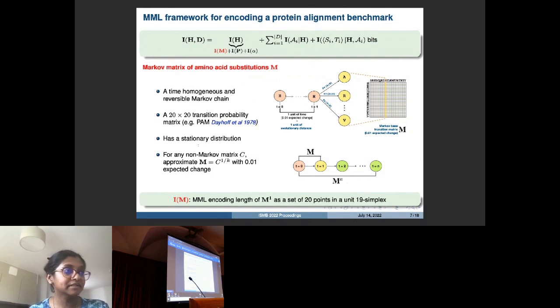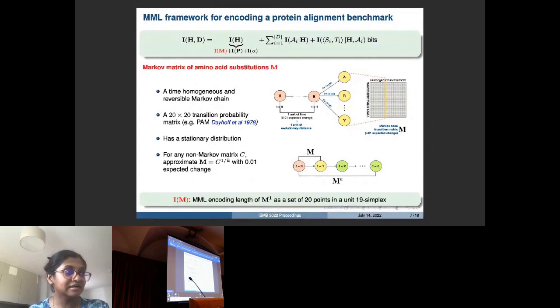Another property of this Markov matrix is that there's a stationary distribution. When n goes to infinity, M reaches the equilibrium, and therefore it gets into the stationary distribution. At that point, the Markov matrix is no longer able to differentiate between significant amino acid substitutions and just null occurrences of amino acids.